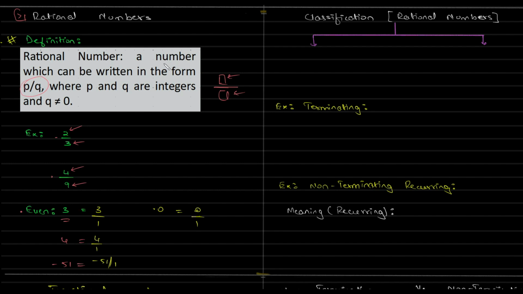So there is a classification of rational numbers: terminating and non-terminating recurring. Right? What does it mean?